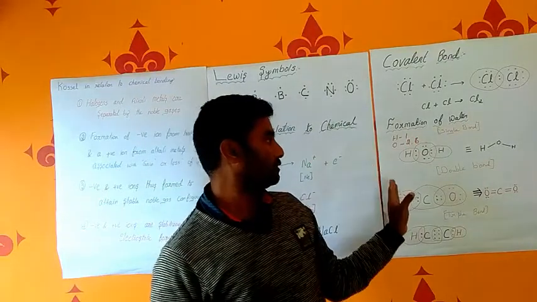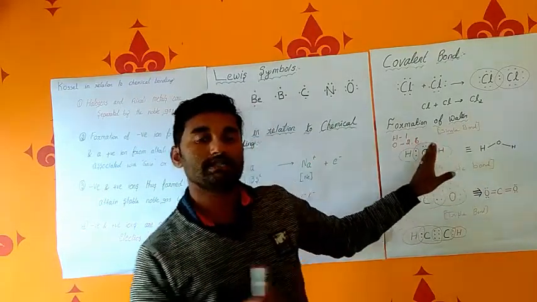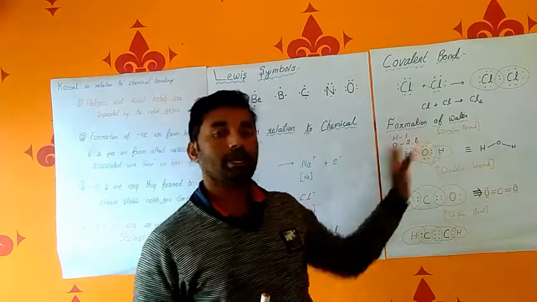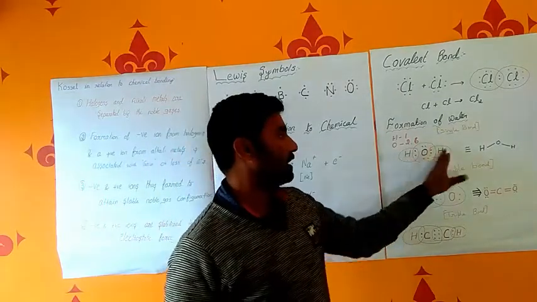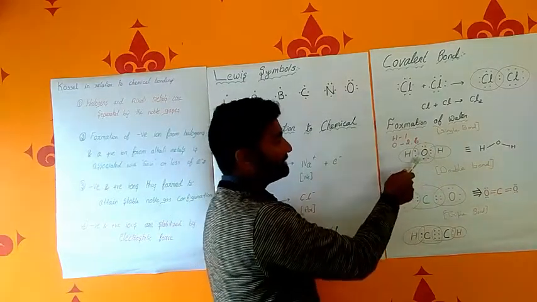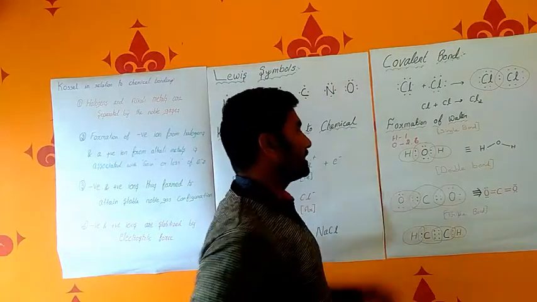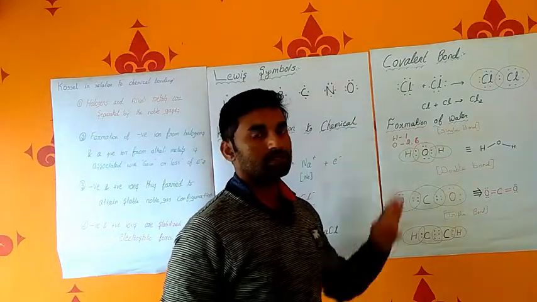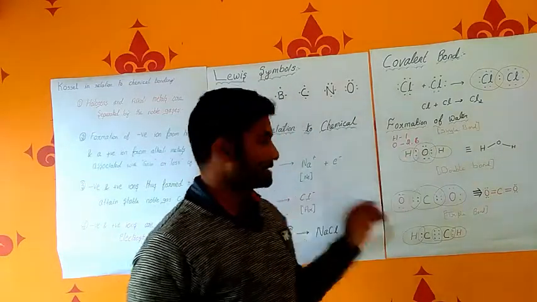So both of them will share their valence electrons with one another. See here after the formation, in this Venn diagram, in these 2 points, there are 4 electrons present common to each other.